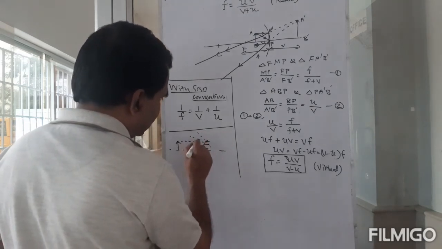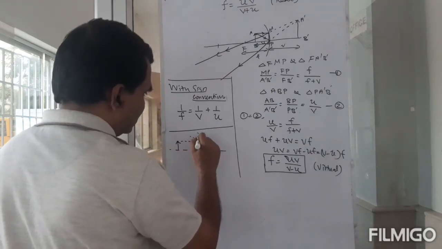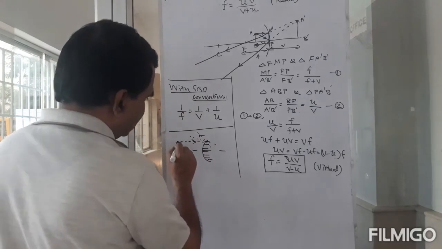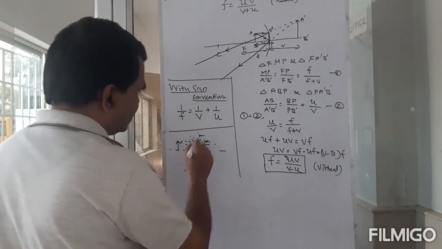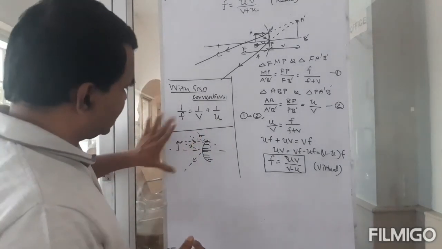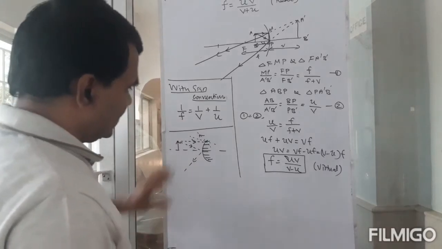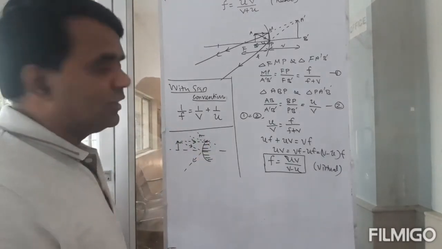Hit here, and then it will reflect like that. So it will hit here, and it will go like that. See, there is no convergence that's taking place on this side. So there is no real image that you can form with the convex mirror.